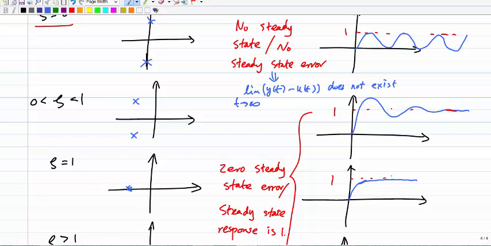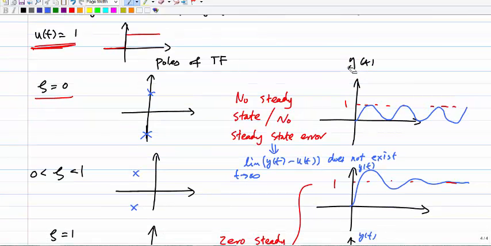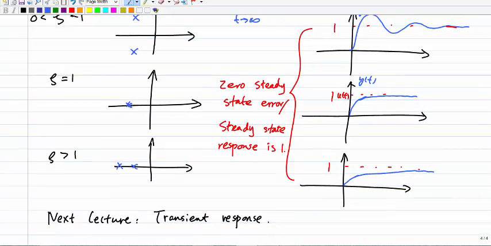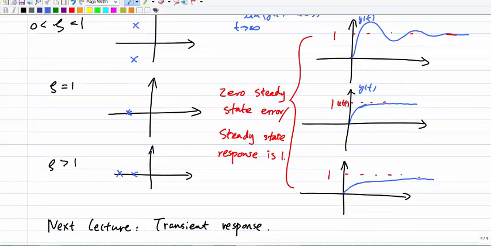Again, the red line represents u of t, and the blue line represents y of t. So y of t also will approach u of t, so the steady state error will also be 0.